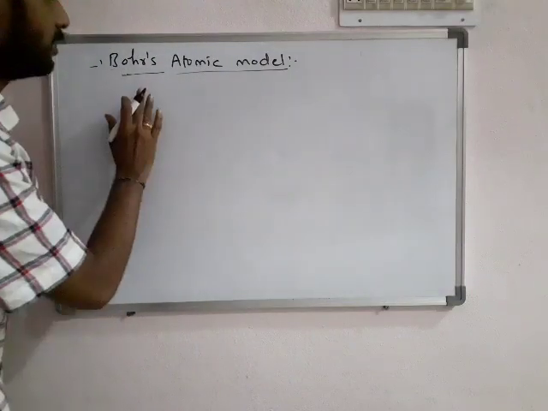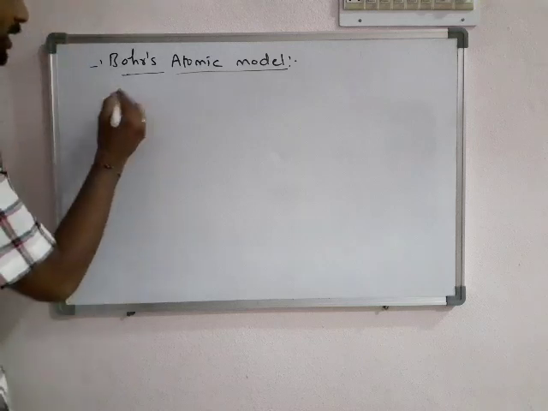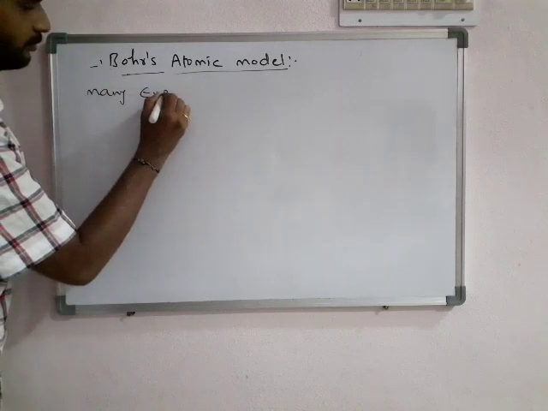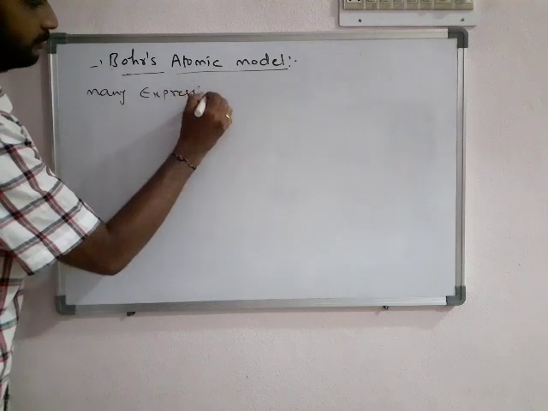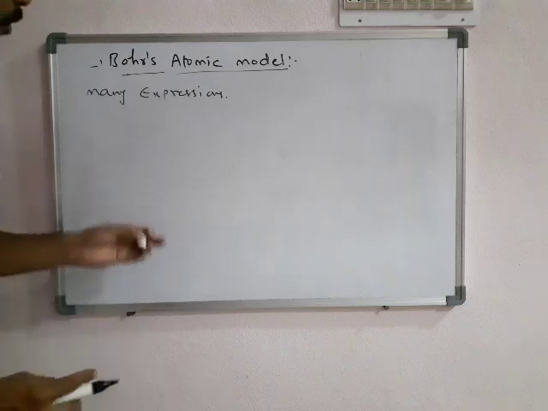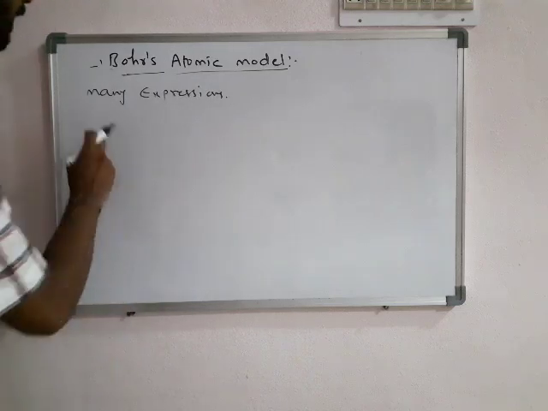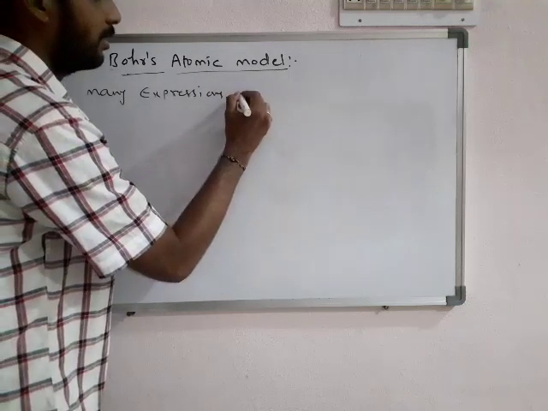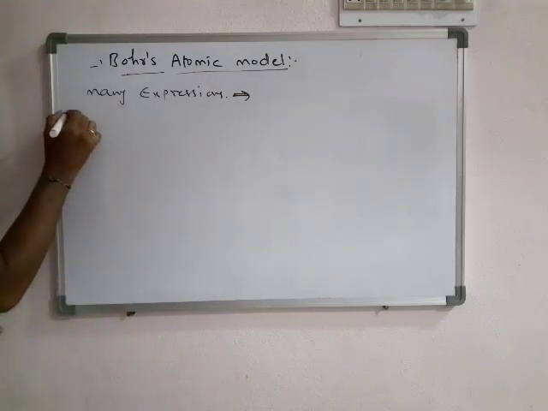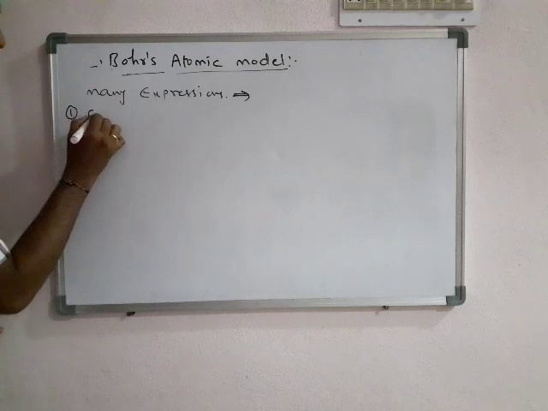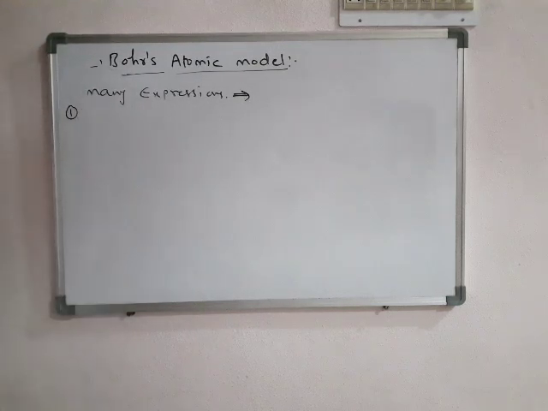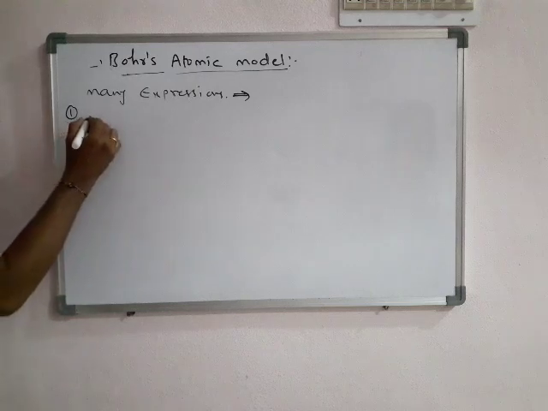And a very important thing in the Bohr's atomic model is he has also given many expressions. Expression means here we can say equations. For example, he gave an expression for the radius of an orbit.